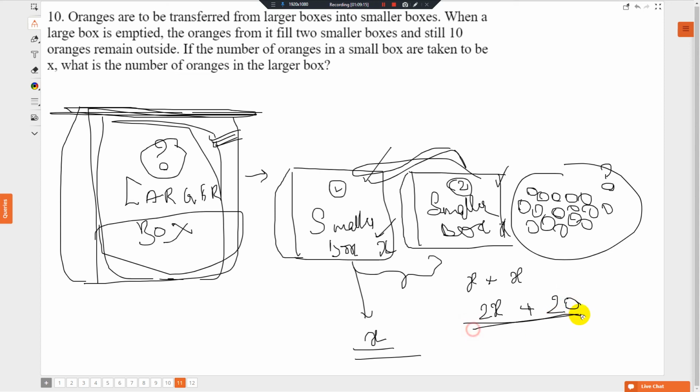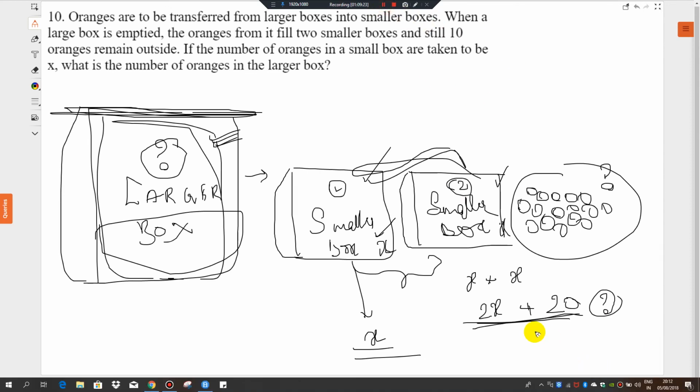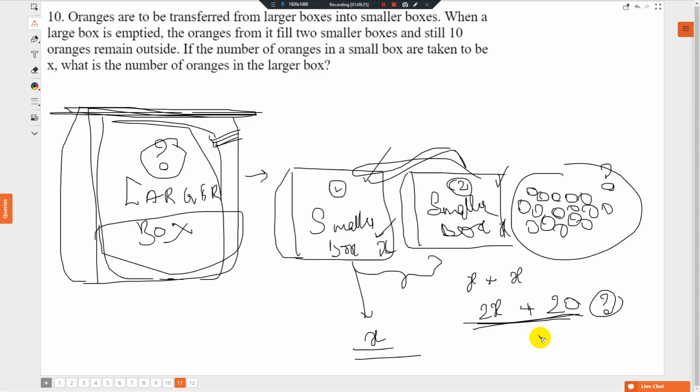Can we solve it? Yes, it is possible to solve it.